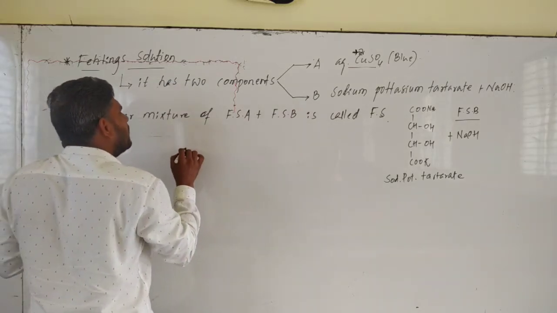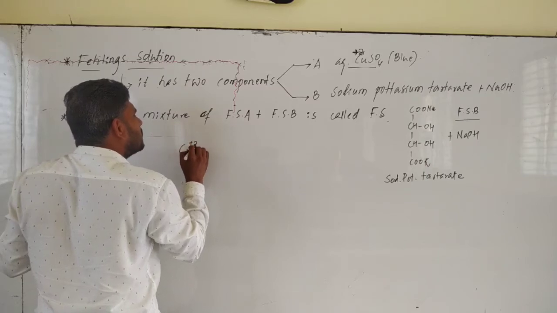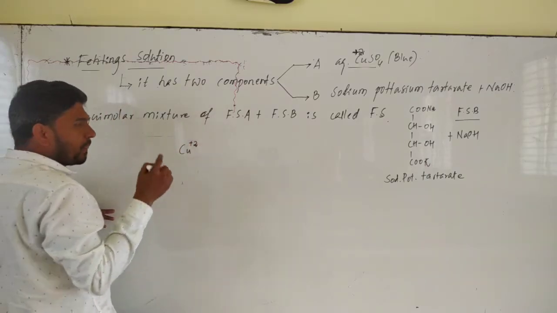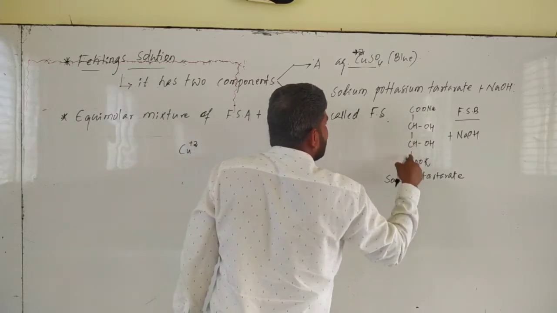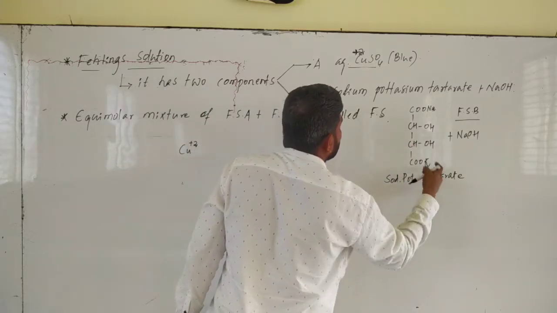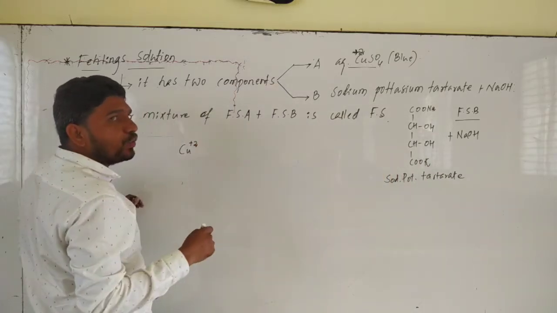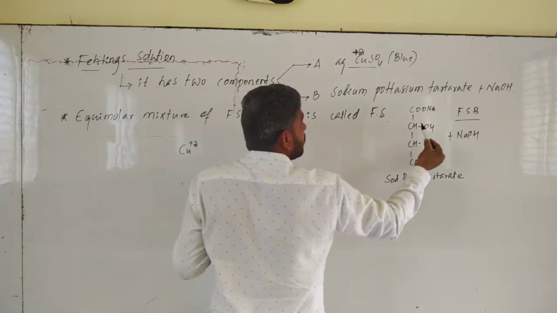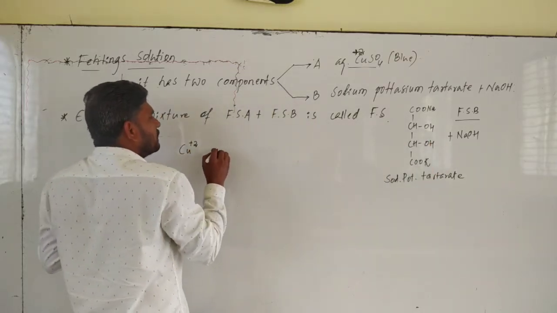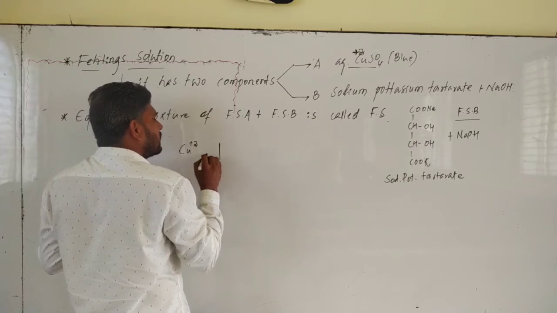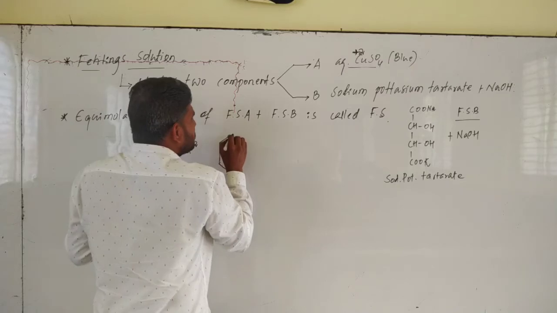See, when Fehling solution A and Fehling solution B are mixed, what will happen? The tartarate anion, the sodium potassium tartarate, gets attached to the copper plus 2 ion through these oxygen atoms. How it gets attached to the copper plus 2, I will show you.